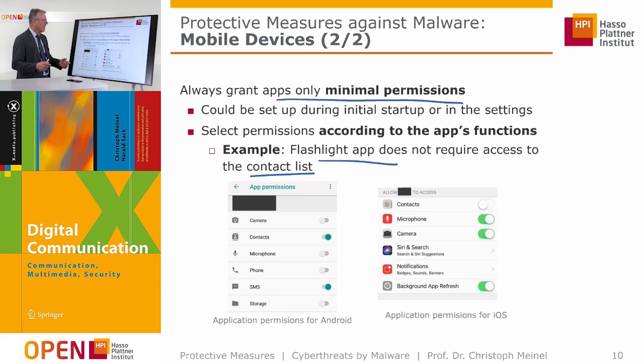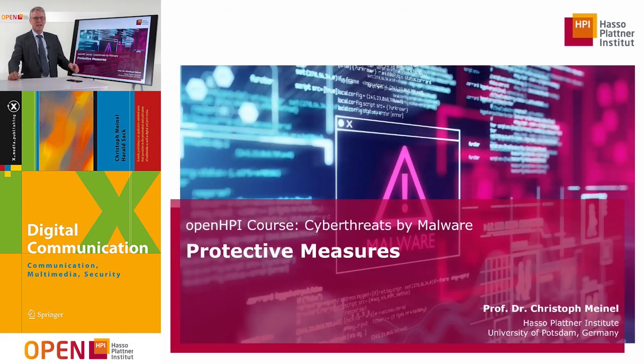If such a flashlight wants to access the contact list, then this is a good reason not to trust this application, to assume that there is hidden malware, and to completely deactivate this flashlight app, or at least to restrict the permissions. So these are the main protective measures against malware.